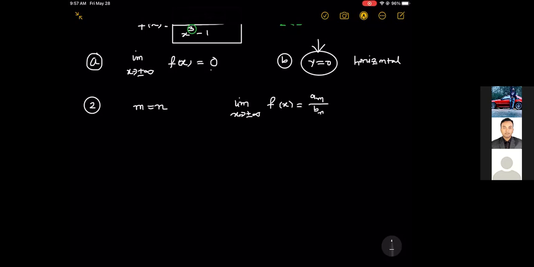That means the ratio of the leading coefficients. The ratio of the leading coefficients. Okay. And what about the asymptote? Y equals, again, the ratio of the leading coefficients will be the horizontal asymptote.